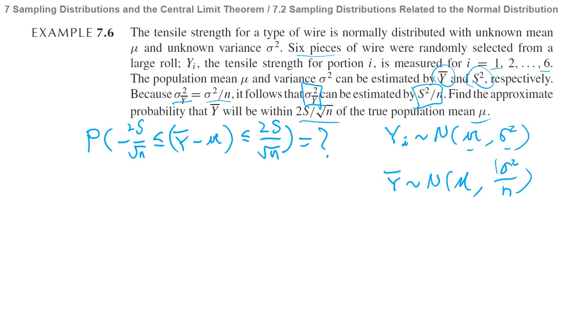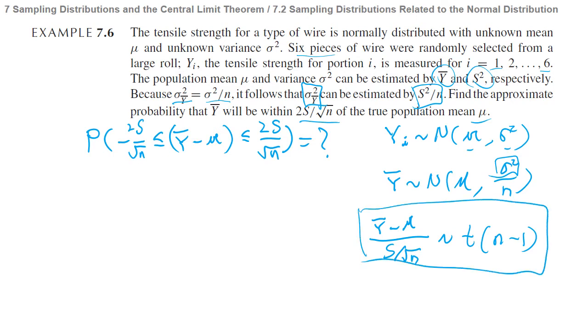Since we don't know the exact sigma square, we will use y bar minus mu divided by s over square root of n. This follows a t distribution with n minus 1 degrees of freedom. So this is what we will use, since we don't know sigma square.